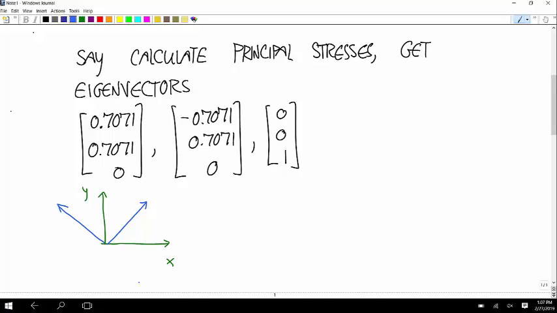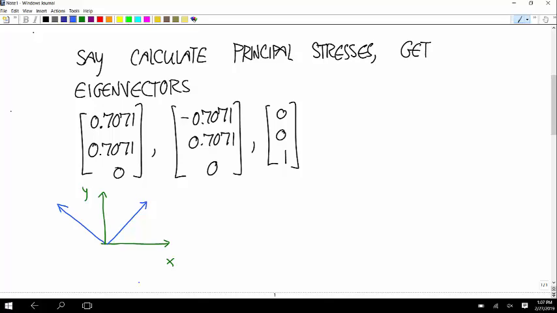Let's say you wanted to align the axes so that your maximum eigenvalue, your maximum principal stress, corresponded to this axis. You can't control which one it corresponds to, but say your maximum does correspond to this one, and you want to call that the x-axis, your first one.